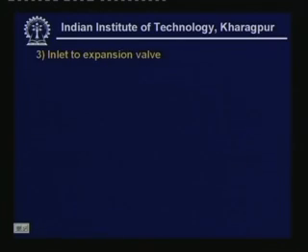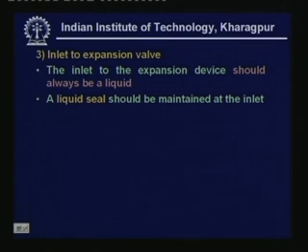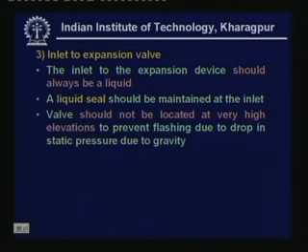The third point is that the inlet to the expansion valve should always be liquid, that means you must always feed liquid refrigerant to the expansion device. To ensure this, you must have a liquid seal at the inlet to the expansion device, and the valve should not be located at very high elevations, to prevent flashing due to the drop in static pressure due to gravity.